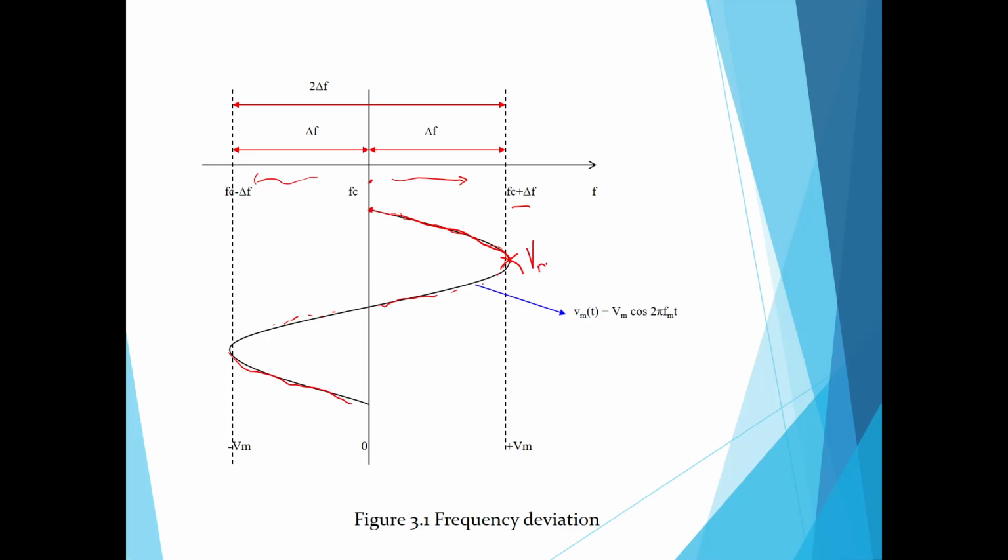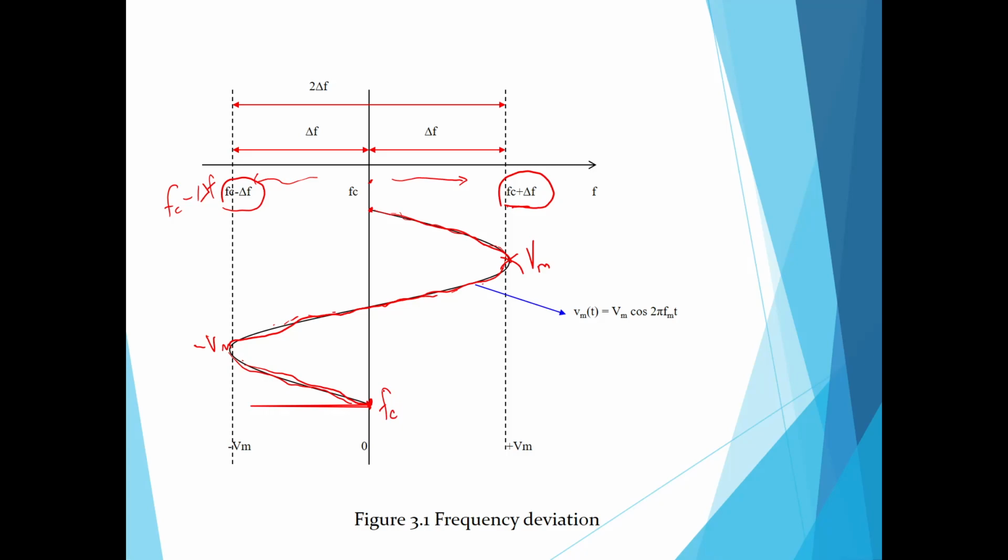This is at Vm, and the carrier frequency becomes maximum, Fc plus delta F. And when the amplitude of the input message changes to the negative peak amplitude, negative Vm, the carrier frequency would be at minimum, which is Fc minus delta F. And when the input amplitude is 0, the carrier frequency would be at the rest frequency, which is Fc.